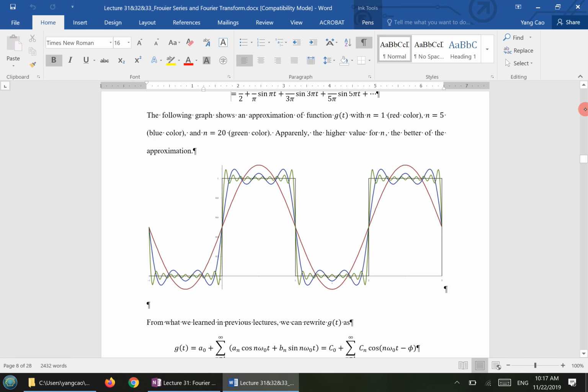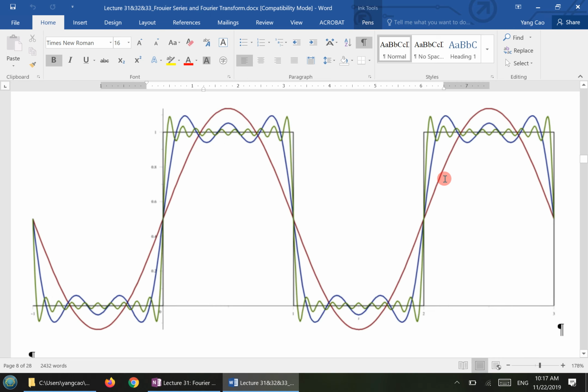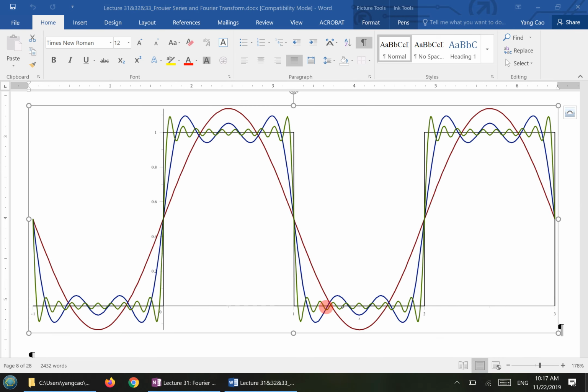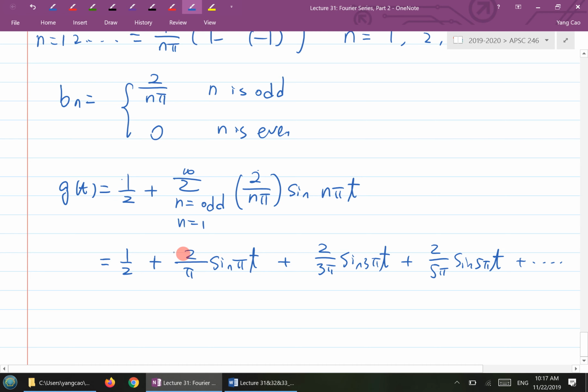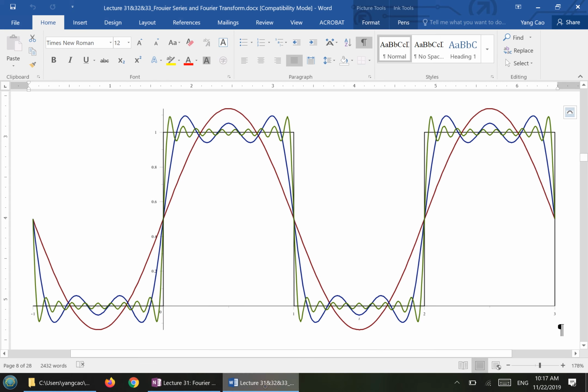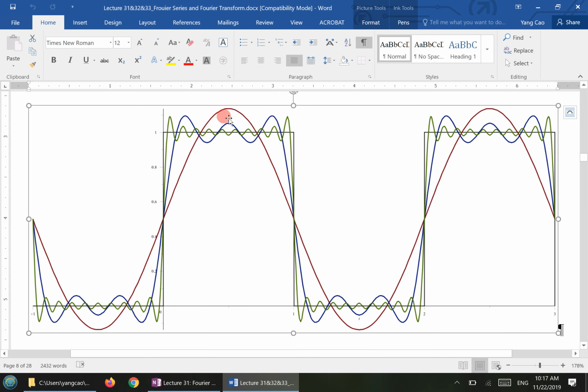Okay. If you plot g of t, which is the black color over here, okay, so the black one is the original periodic function. Now, if I only plot the first two terms, basically 1/2 plus this term, we get the red sinusoidal here. Okay, so if you want to plot the first one, you get this.